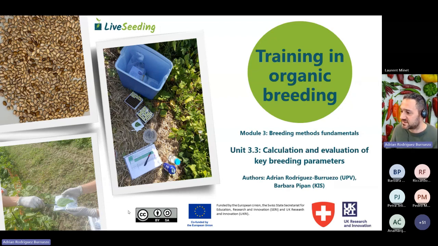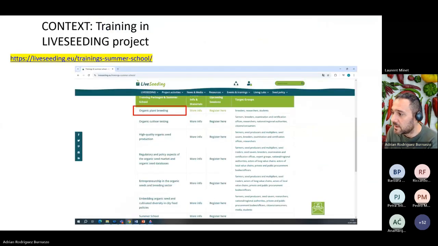Well, I will start now with unit 3, calculation and evaluation of key breeding parameters, presented by myself and my colleague Barbara Pipan. We are in the context of the organic plant breeding training initiative of the LiveSeeding project.